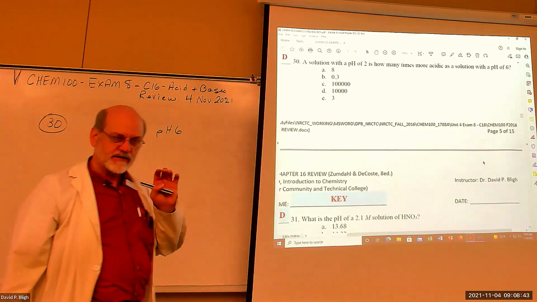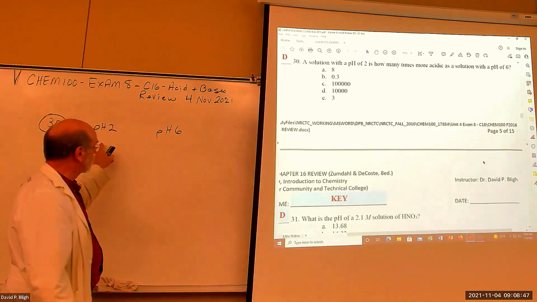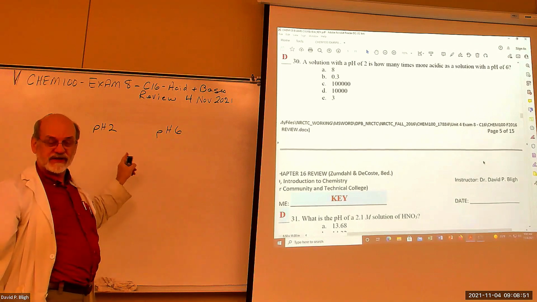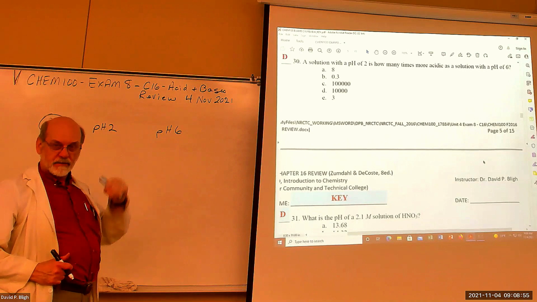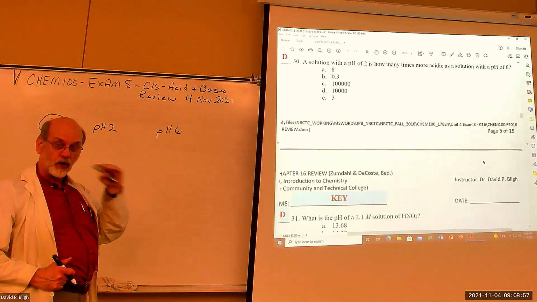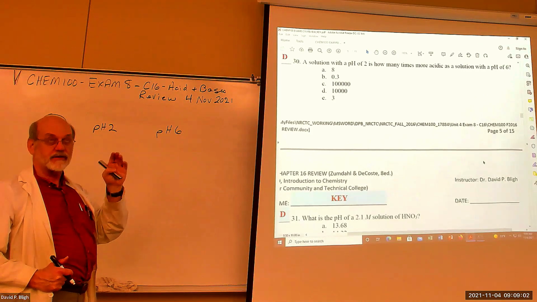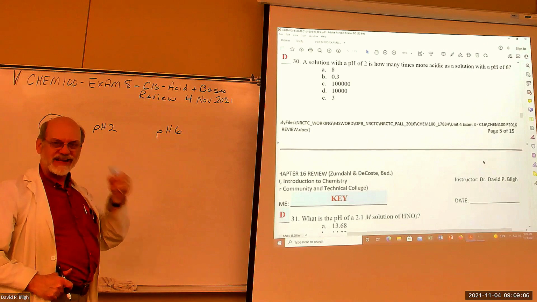What we're saying is, what's the concentration of hydrogen ions for this one compared to that one? Remember, this is a logarithmic scale. So when you change the pH 1 unit, you change the hydrogen ion or the hydroxyl ion concentrations by a factor of 10.